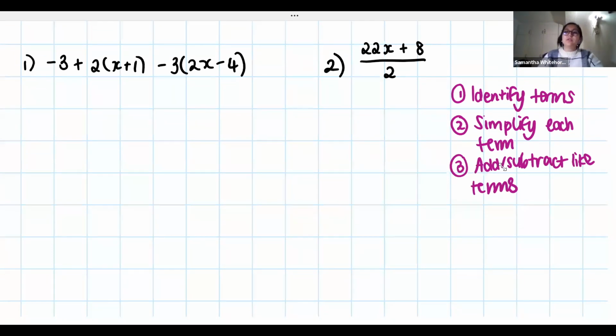Right, so remember those 3 steps. You will be able to simplify any algebraic expression if you follow them. Give those 2 a try.